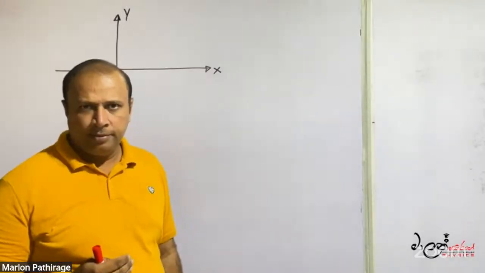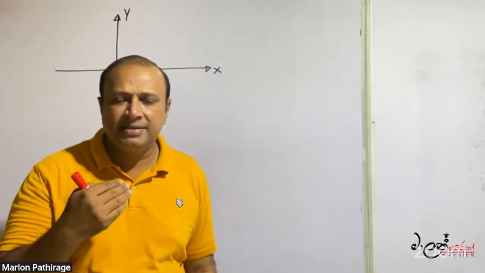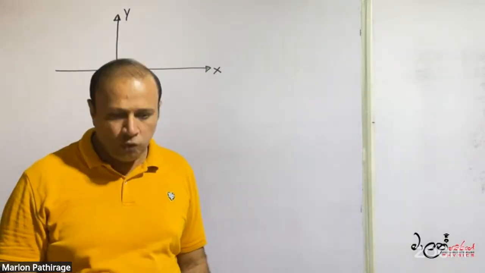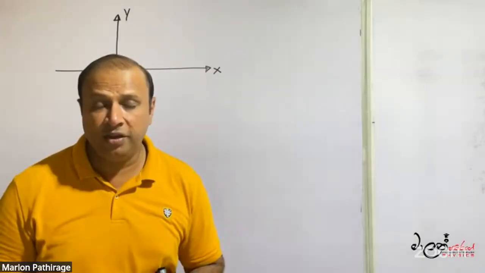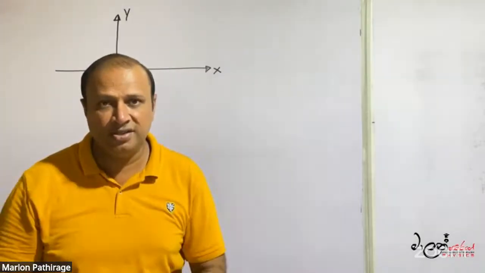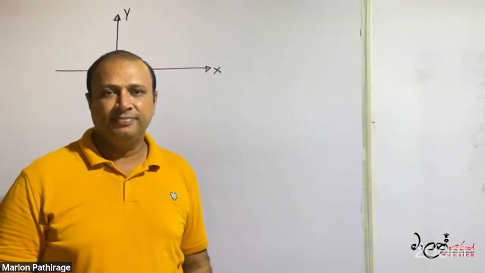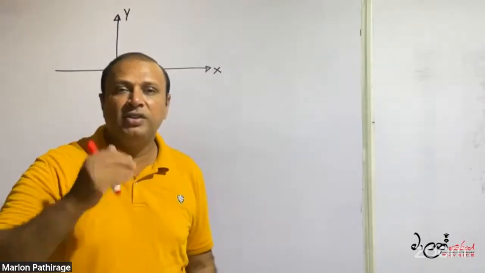As I mentioned earlier, a graph is simply a drawing on a Cartesian coordinate. Therefore, if it is a drawing, the first thing you have to consider is the location, the location where you are going to draw this drawing.